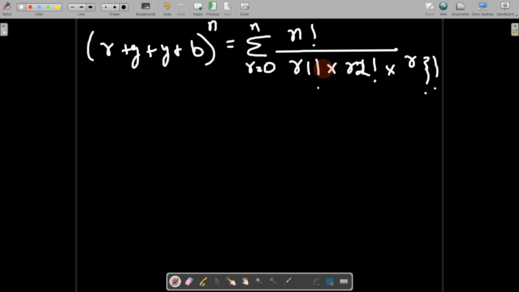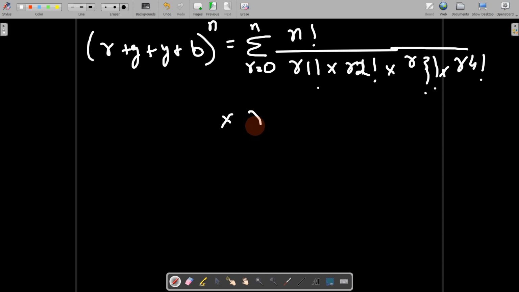If out of the remaining n minus R1 minus R2 students, they choose R3 students, they choose the yellow house, into R4 factorial, the remaining go to the blue house.